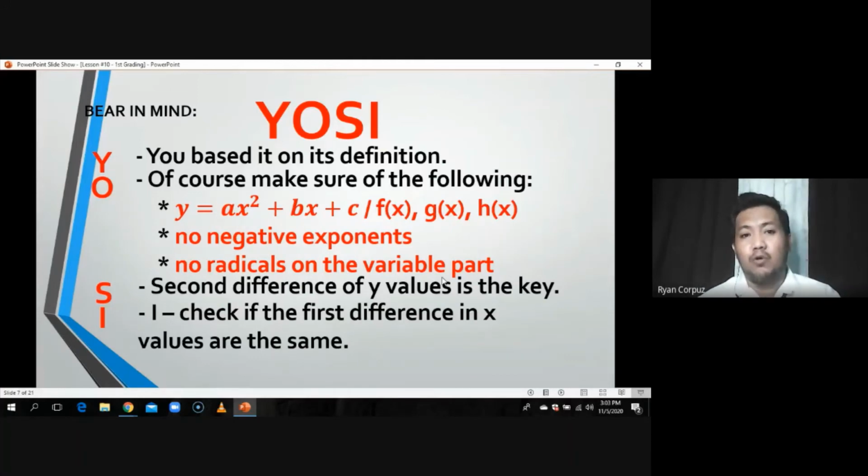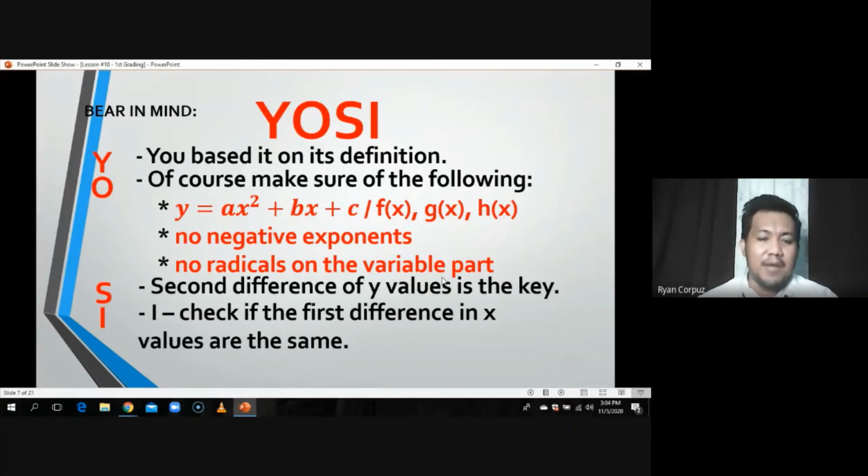All we have to do is to apply the steps we call Yossi. So every time you see a cigarette, that means you are already thinking of your steps, or the things that you have to bear in mind in order for you to determine if a given equation is a quadratic function or not.